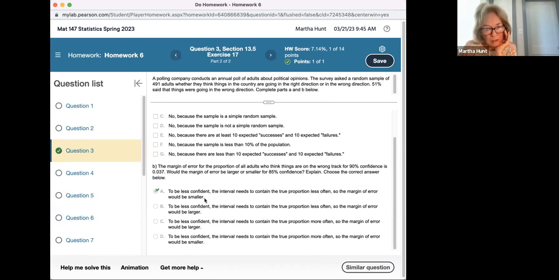Margin of error is smaller because the z-value is smaller. So, my bad. If the z-value is smaller, the interval gets narrower, so the real proportion could be out there and you missed it.